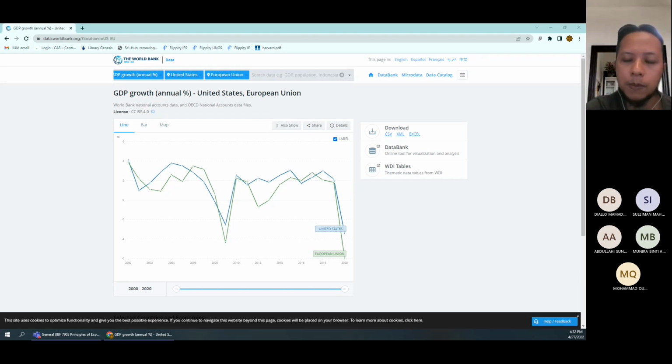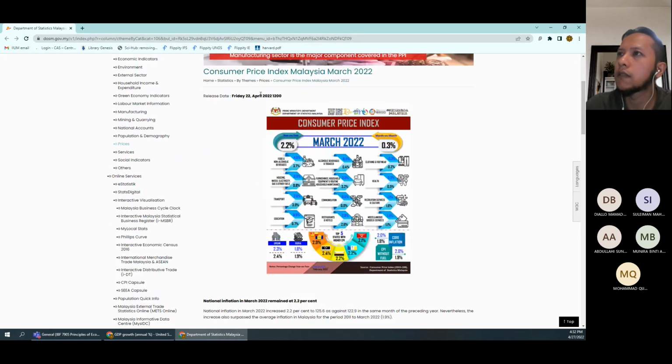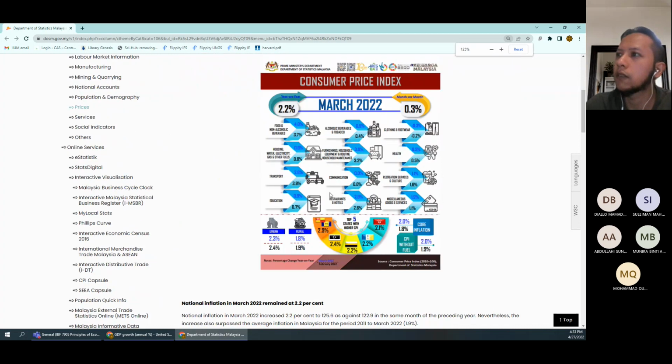CPI basically. But the CPI, actually, different countries have different CPI. But let's see how Malaysia calculates CPI. Yeah, let me just show you. So we have these categories.